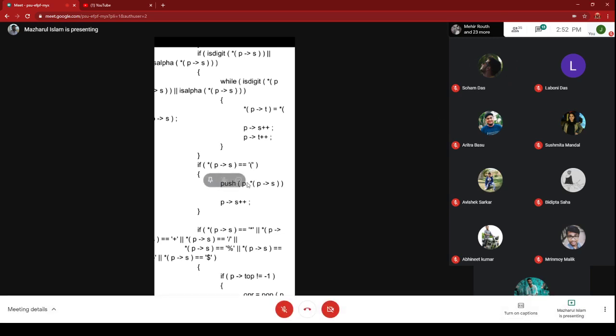And when you push to the op stack, the stack pointer is updated. So P arrow S is updated. That was one provision when the current character is an operand.